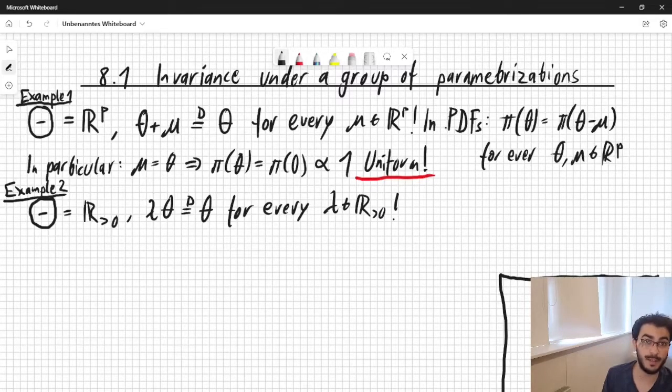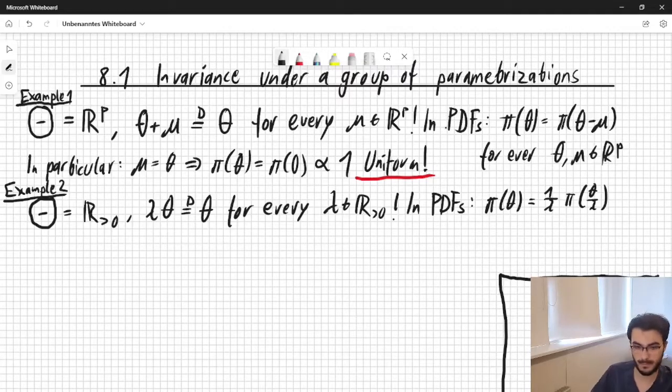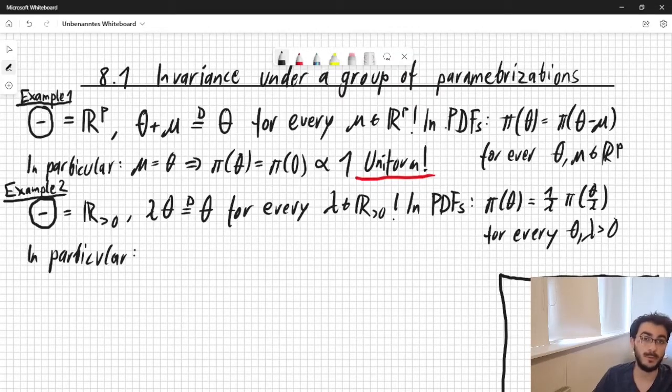Again, we can rewrite this in PDFs. For scaling, you can quickly find out that pi of theta transforms to 1 over lambda times pi of theta divided by lambda. I should say this holds for every theta and for every lambda. In particular, it holds for lambda equal to theta.